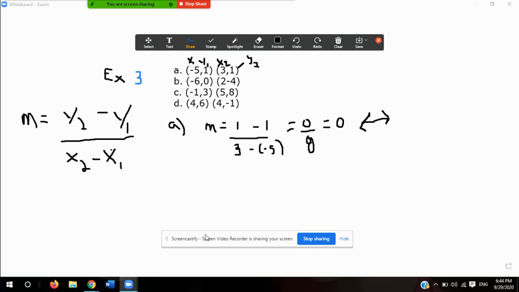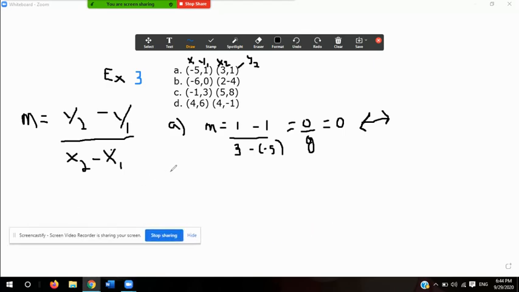B would be, and I know that sounds redundant, m equals our y sub 2, which is -4, minus our y sub 1, which is 0, over our x sub 2, which is 2, minus our x sub 1, which is negative 6, so minus negative 6.